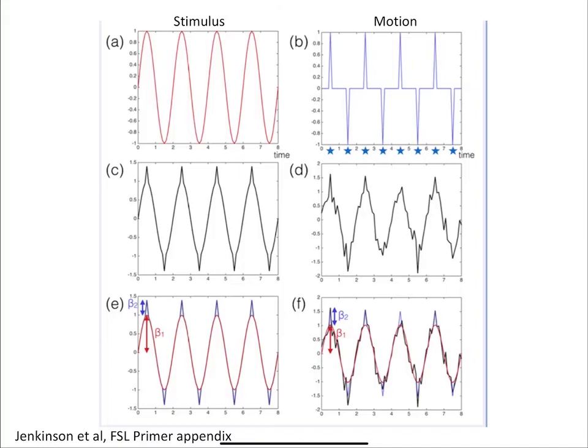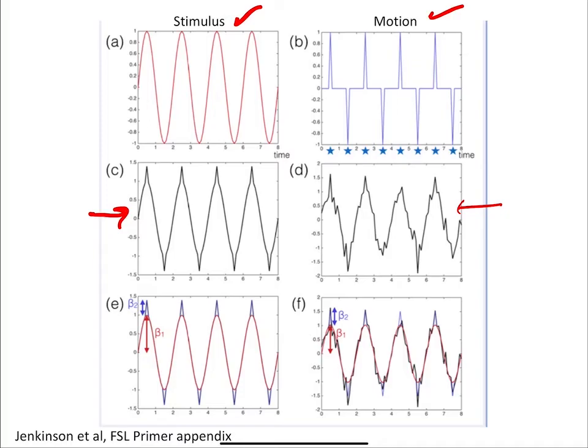This is just setting it up from one of the FSL readings. Here I have my stimulus, here I have my motion regressor, and you can see this is a stimulus-related regressor in the sense that the motion is occurring at the peaks of the stimulus. If I were to model my data, say there was some combination of stimulus plus motion, I might get this as what the data looks like without noise, and this is what it looks like with noise.